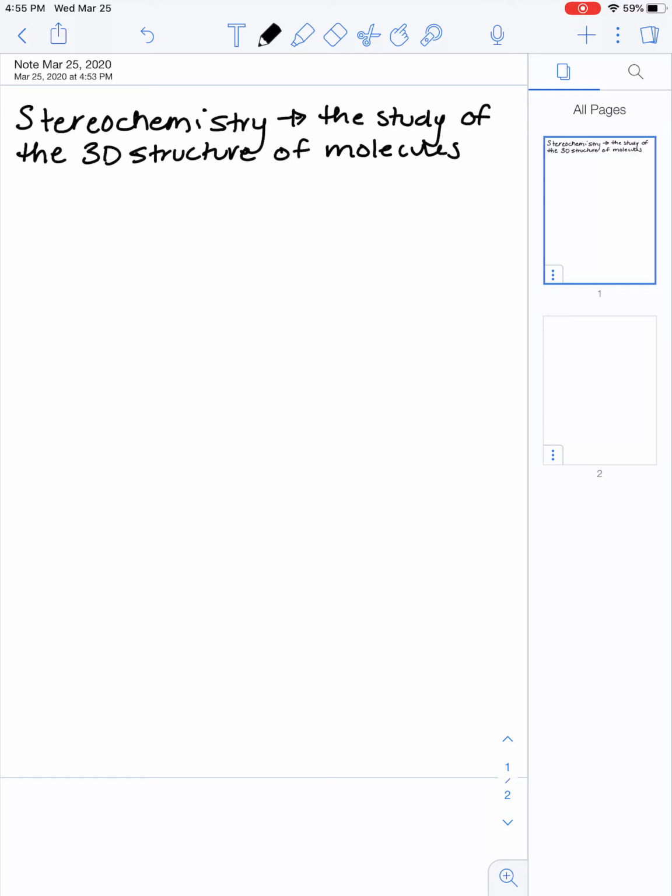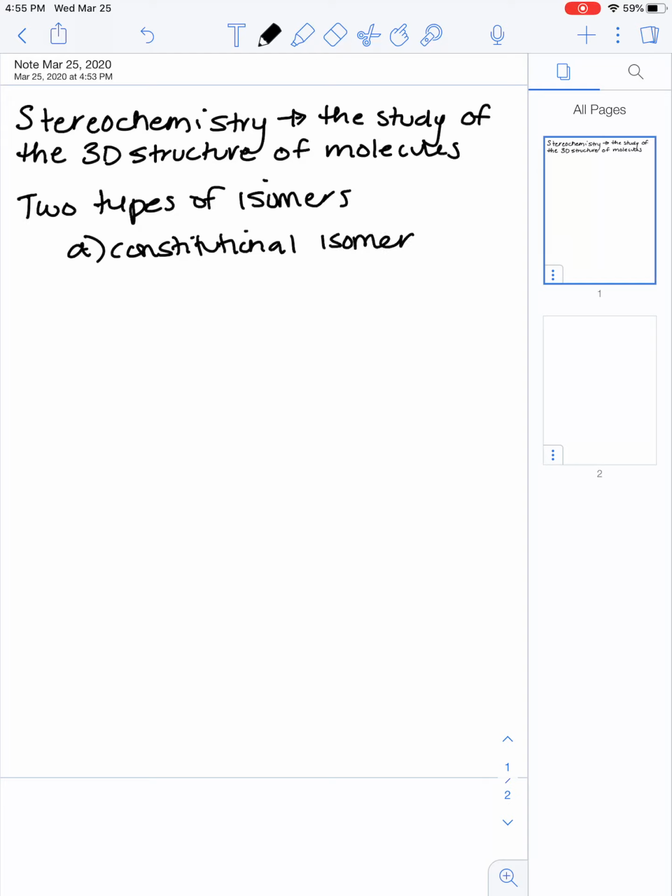Previously we looked at two different types of isomers. We talked about constitutional isomers. Constitutional isomers differ in the way that they connect, so how atoms connect to each other.